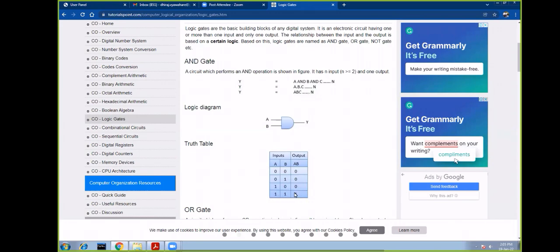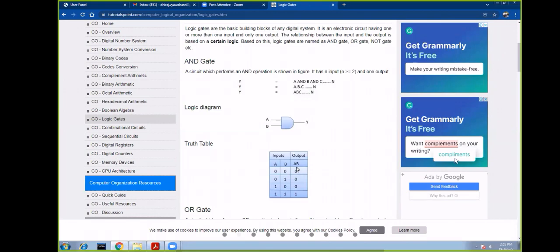Are you agreed? Can you give me an example of where you can apply this AND gate? If there are 3 inputs, let us calculate.